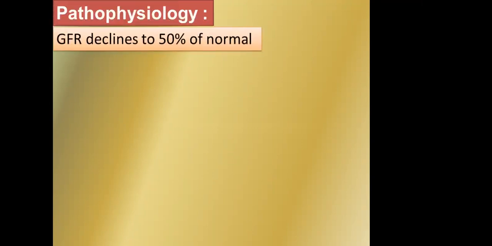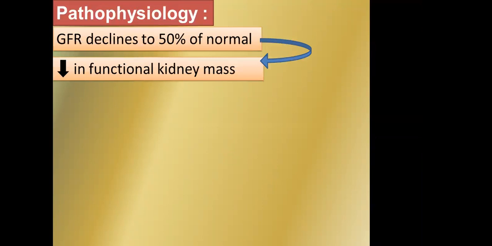How does this osteitis fibrosa cystica occur, or how does this bone resorption or bone turnover occur? I mean, what is the pathophysiology of renal osteodystrophy? When the glomerular filtration rate is decreased to approximately 50% of normal because of kidney damage, this will result in a decrease in functional kidney mass.